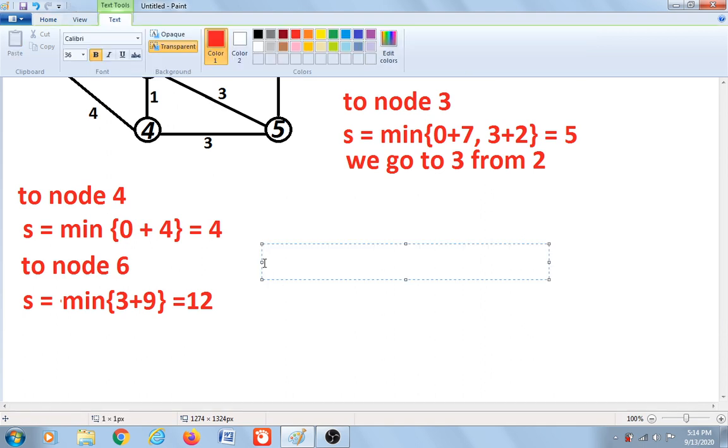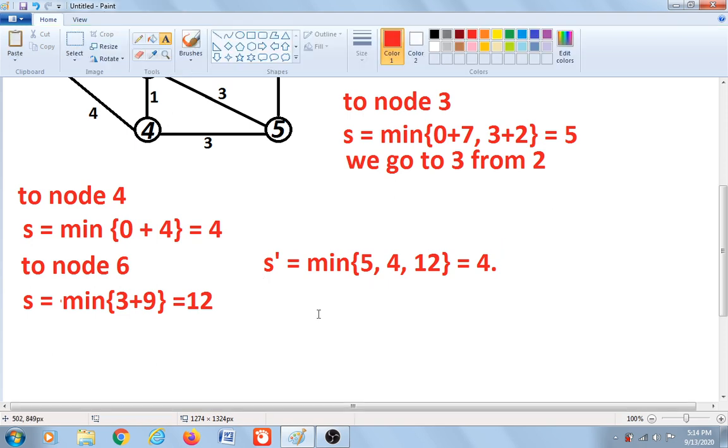let's say that it is S prime, is the minimum between 5, 4 and 12, and that is 4. Okay, and where is that 4?